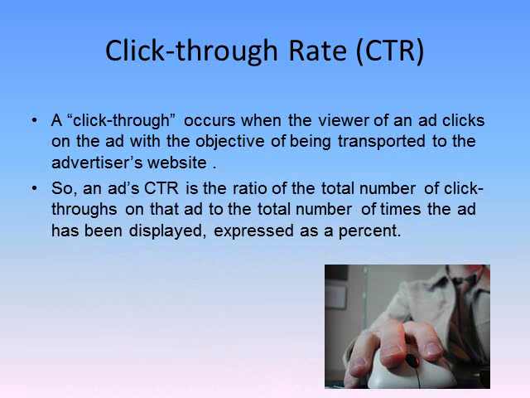So, an ad's click-through rate is the ratio of the total number of click-throughs on a particular ad to the total number of times the ad's been displayed, expressed as a percentage. The ad's been displayed so many times, so many viewers clicked on it. What percentage of viewers clicked on it?